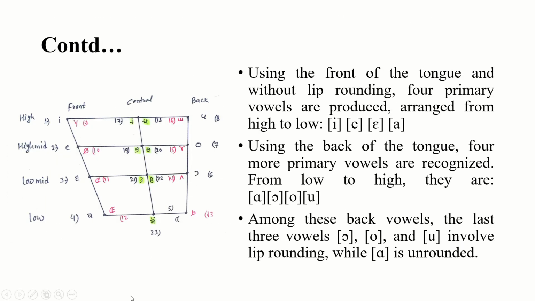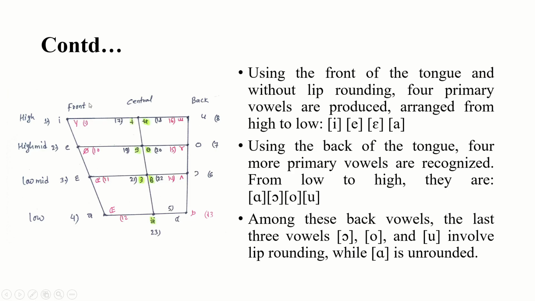So look here, this picture shows this. This is the tongue, and this first one is the high part of the tongue, then high mid, low mid, and low. These are the four possible heights of the tongue. The tongue has, let's say, three parts: the front part, the central part, and the back part.